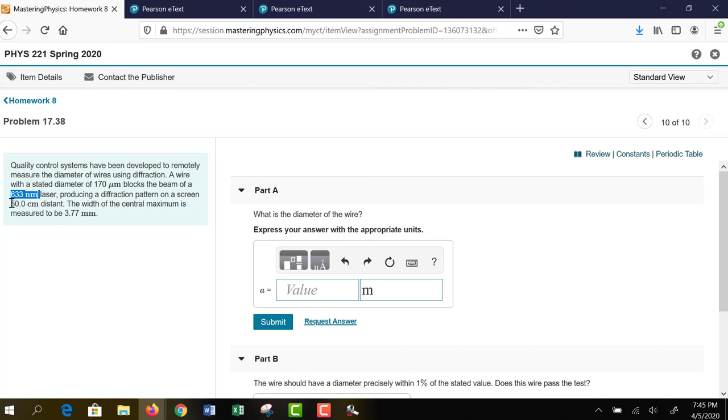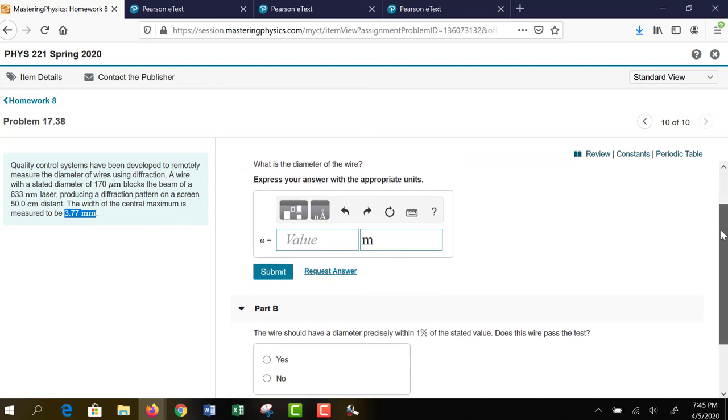This is big L, the distance to the screen. Again, put that in meters. The central maximum, W, 3.77 times 10 to the minus 3rd meters. Take all that into the central maximum formula and solve for A. That's the slit width, and that's the size of the wire in this case.